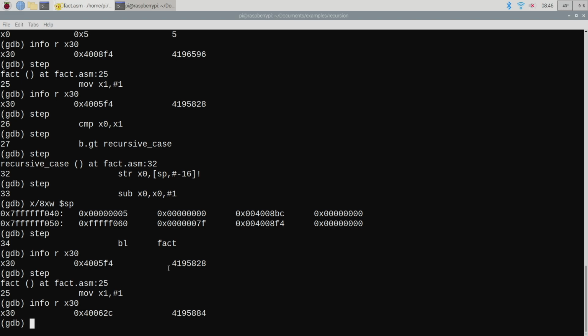So the problem is, did I ever record and save the old value of the link register in this subroutine? No. And so we're sort of stuck. We will never, ever be able to get out of this thing ever again. Okay, so let's continue stepping it and see when the issue happens.